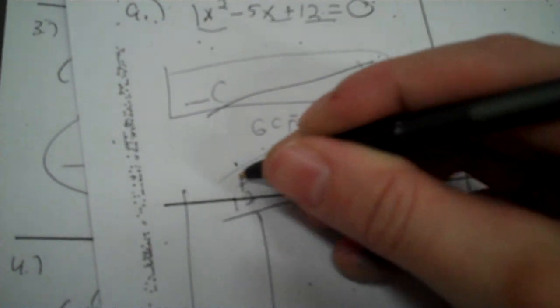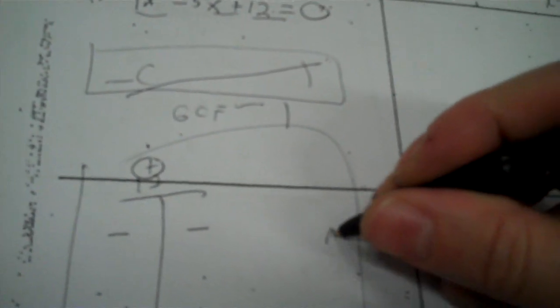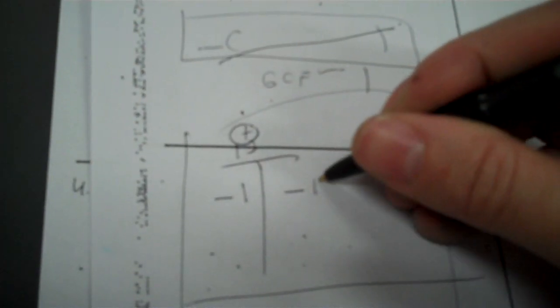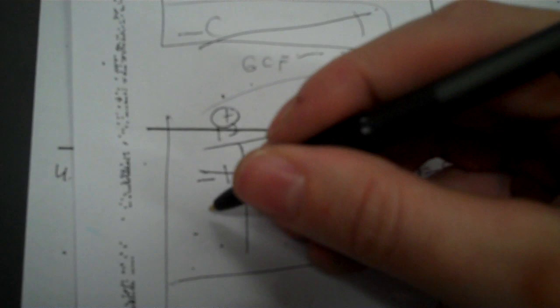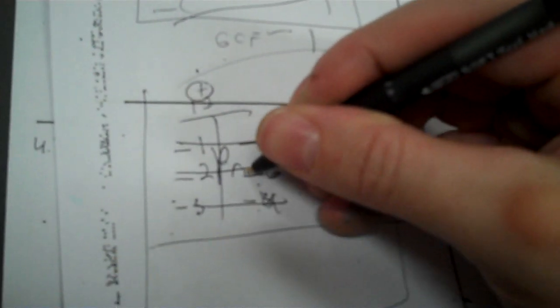Okay, 1 times 12 is 12, so positive 12, negative, negative, okay? Add to try to get to negative 5. This is impossible, because that's negative 13. Divide by 2, you get 6, that's negative 8. Divide by 3, you get 4, that's negative 7. This ain't going to work, so it's prime.